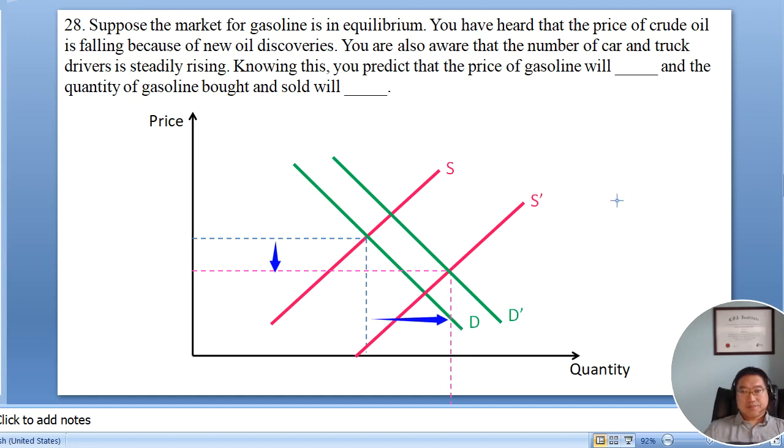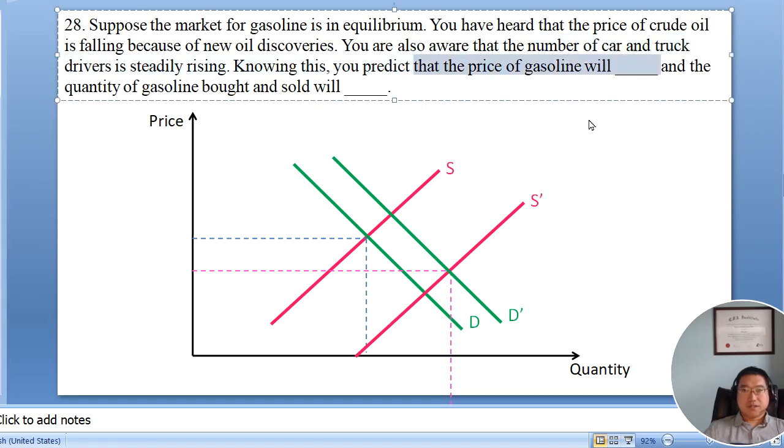So the price movement for gasoline will be uncertain. It will be ambiguous. It will go up or down. But the quantity of gasoline bought and sold will be higher. On the exam, you need to draw this kind of little picture and base your result from reasoning.